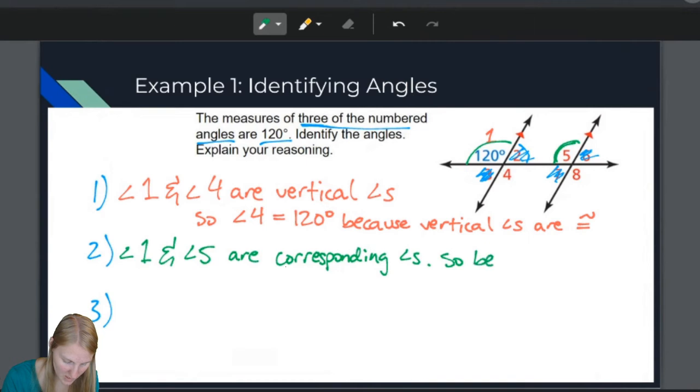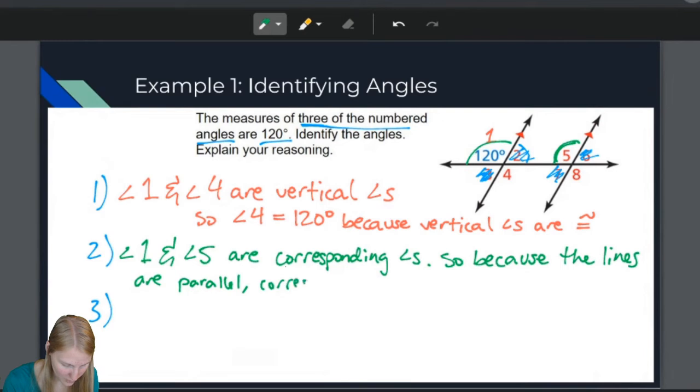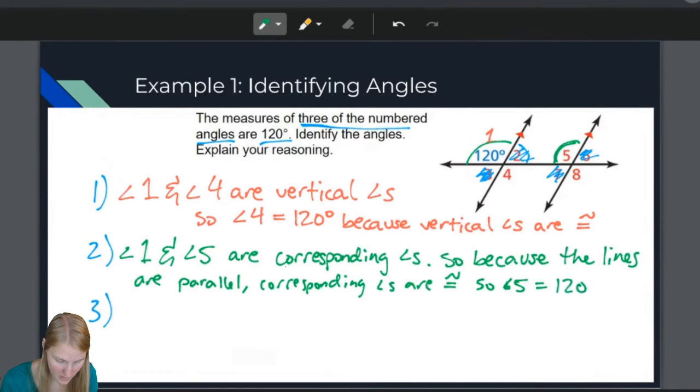So, because the lines are parallel, corresponding angles are congruent. So angle 5 is equal to 120 degrees because the lines are parallel, therefore corresponding angles are congruent.